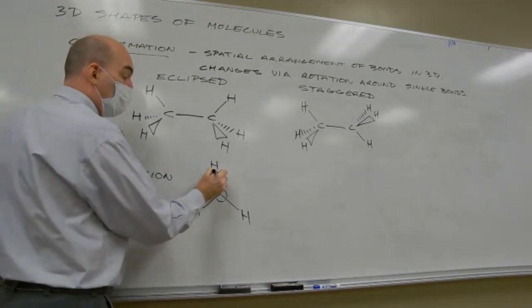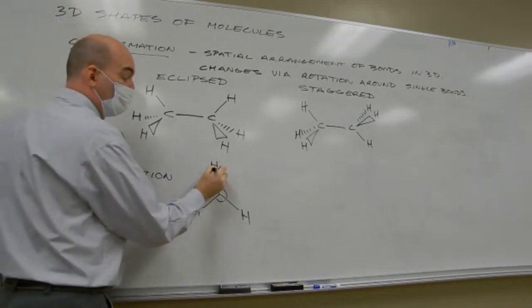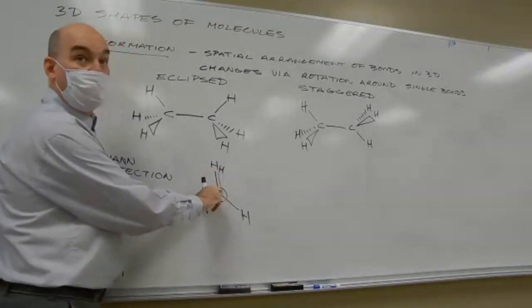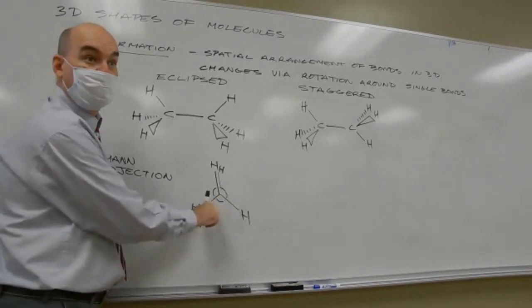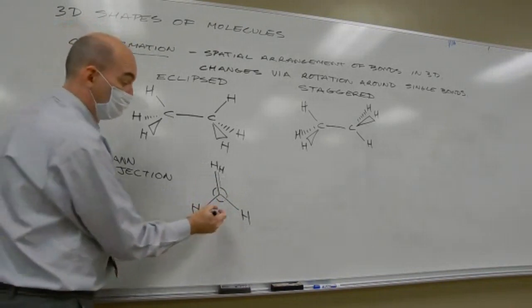And then behind is another bond from a hydrogen, and that bond goes to the outside of the circle. The circle represents the atom that is behind the front atom.